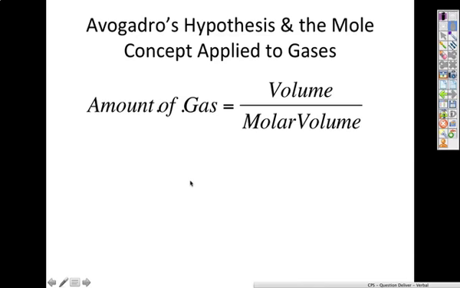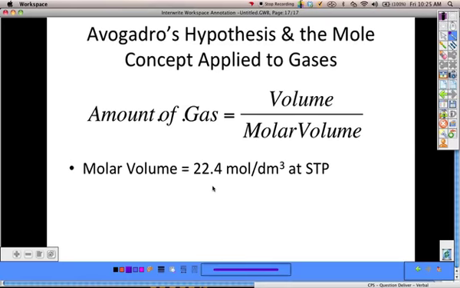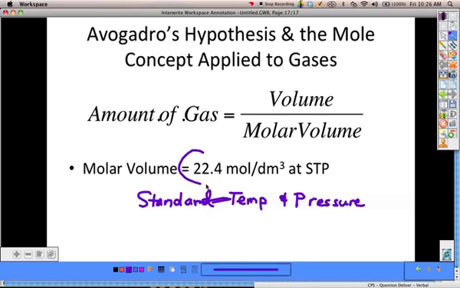The big question should be, what is the molar volume? Well, it is a constant. It is always 22.4 moles over decimeters cubed at STP. STP stands for standard temperature and pressure. So this denominator is always going to be 22.4 moles over decimeter cubed.